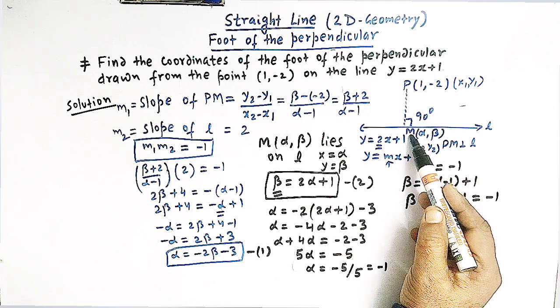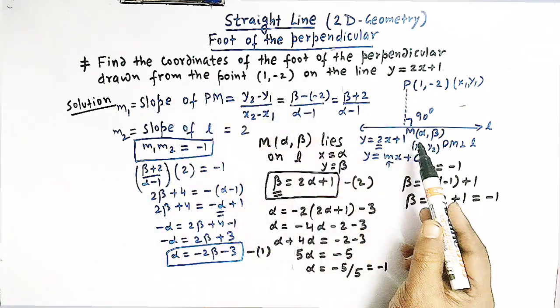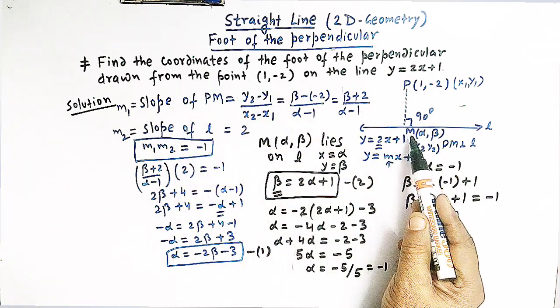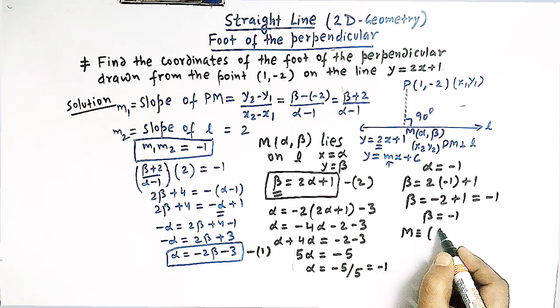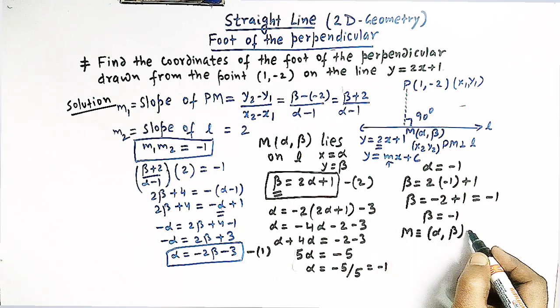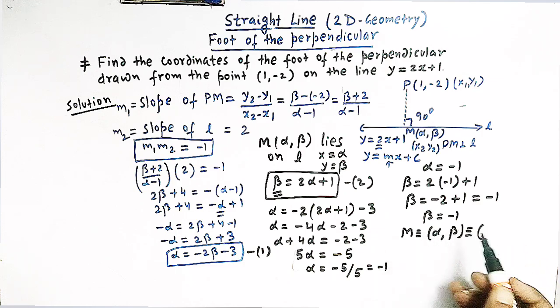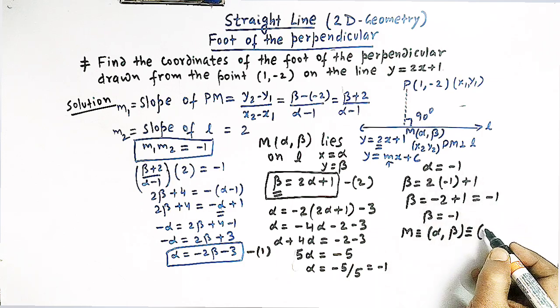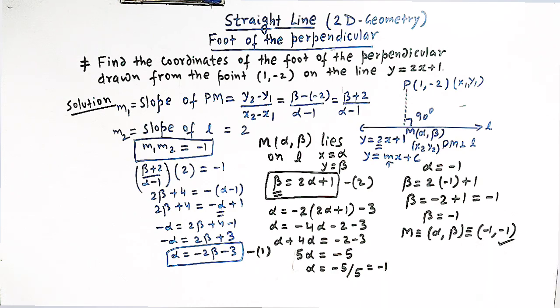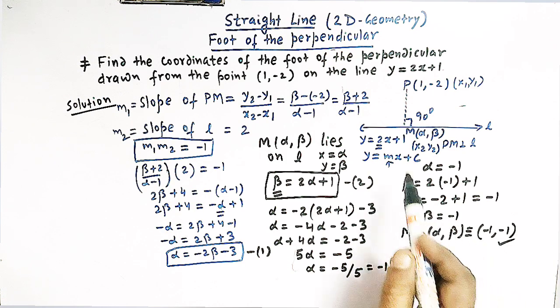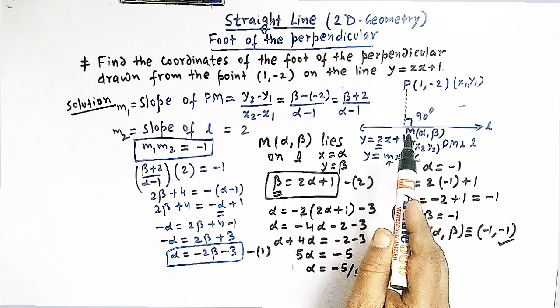So the coordinates of the foot of the perpendicular, which is the point M, are given by M is equal to alpha comma beta, and we have just found that alpha is minus 1 and beta is minus 1. So these are the desired coordinates of the foot of the perpendicular.